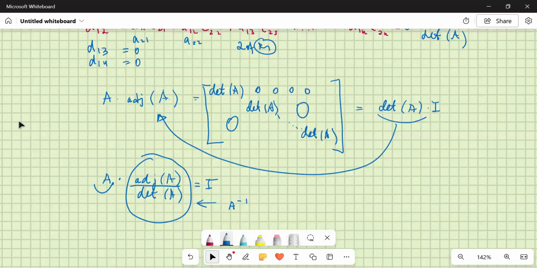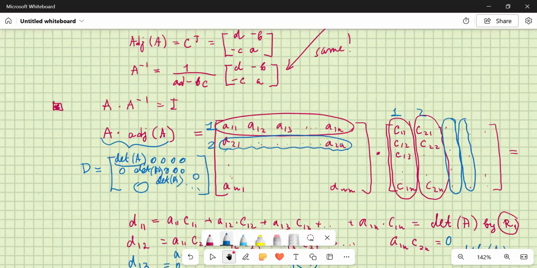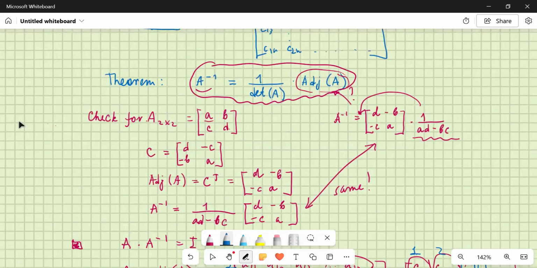Okay. So what is going to be the condition to have an inverse now? If we go back, I said that we don't know yet if the determinant is equal to 0 or not equal to 0. So when I started proving my theorem, I actually just gave you the formula. I did not place any conditions on matrix A. But from this formula, it's obvious that we cannot have the determinant equal to 0. So that's going to be our condition for the theorem.